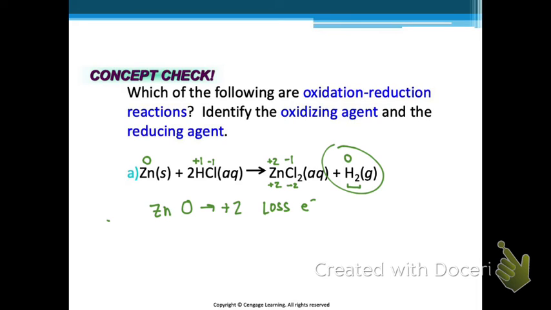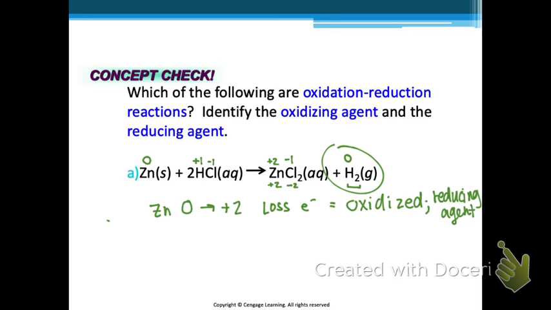Okay, so if zinc lost electrons, has it been oxidized or reduced? Oxidized. And so therefore it is also the reducing agent.